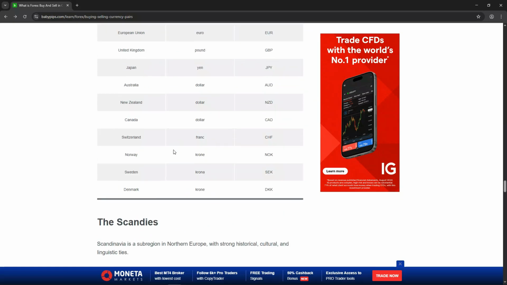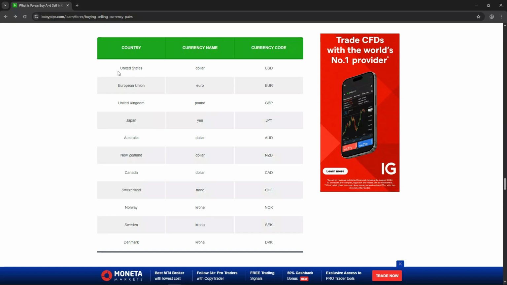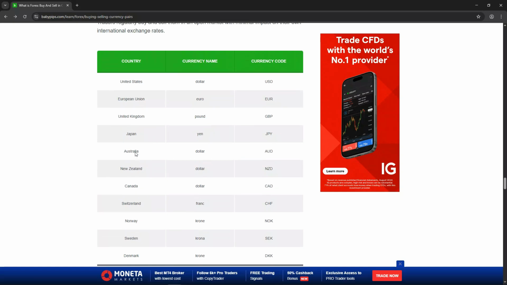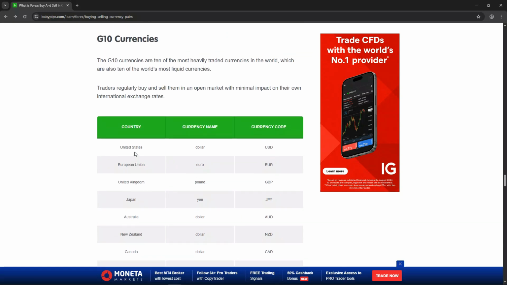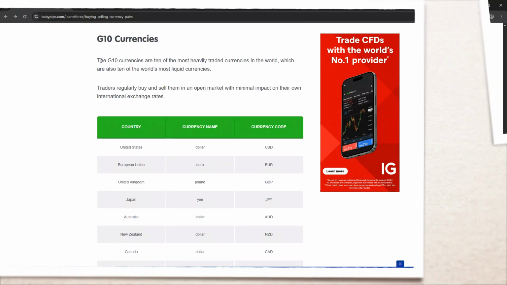This group includes major currencies like the US dollar, the euro, the British pound, and Japanese yen, along with others like the Norwegian krone and Swedish krona. So G10 currencies are just the most important and the most actively traded currencies in the Forex market.